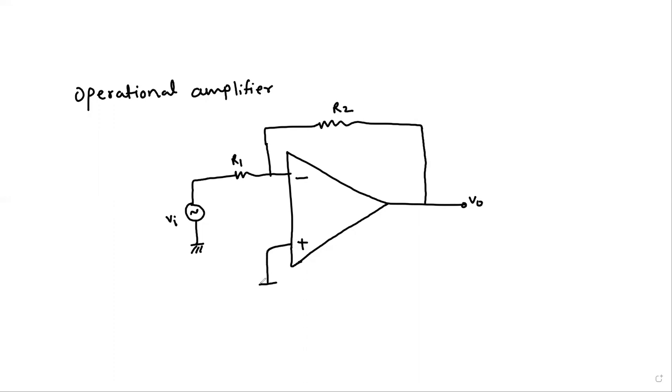The positive terminal of this amplifier is connected to the ground, and this operational amplifier has a gain indicated by A. All right, and what we see here, the current that will flow because of this input signal is I1, and now we'll see what the current through R2 is.